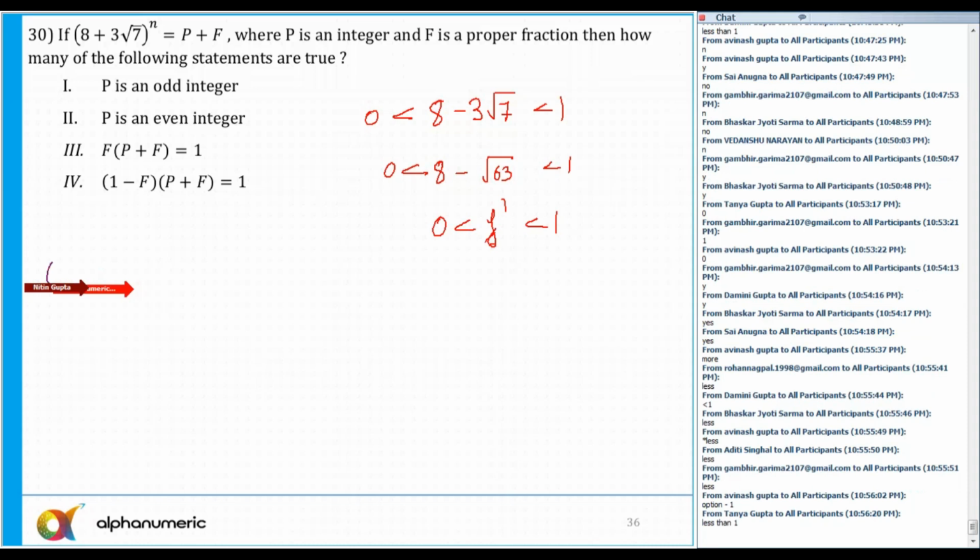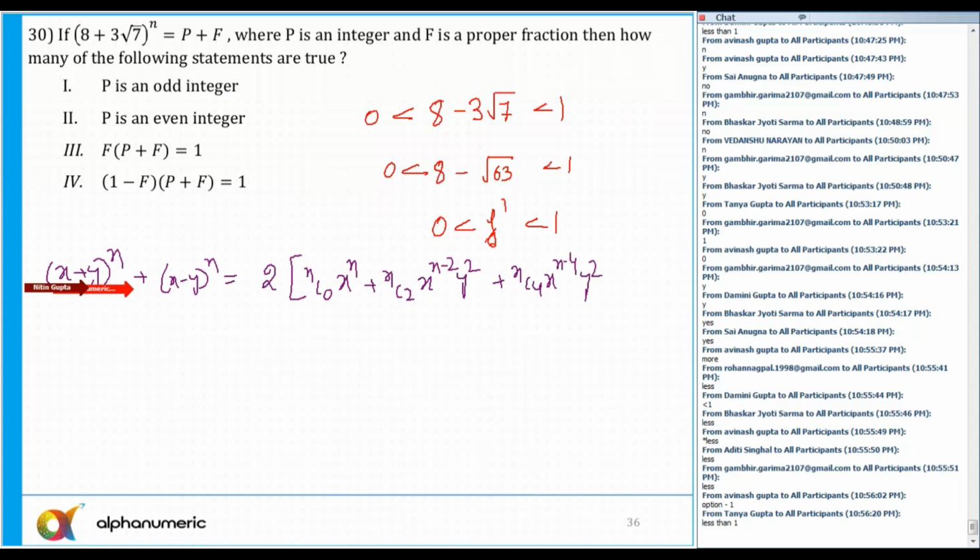I can say that the value of x plus y raised to power n plus x minus y raised to power n is equal to twice of nC0 into x raised to power n plus nC2 into x raised to power n minus 2 y square plus nC4 into x raised to power n minus 4 y square and so on.